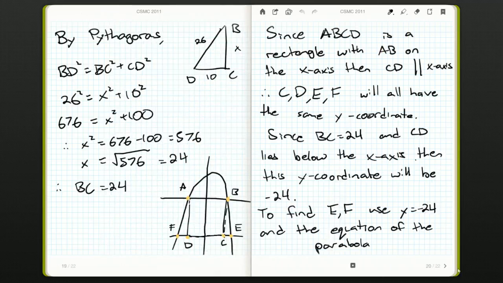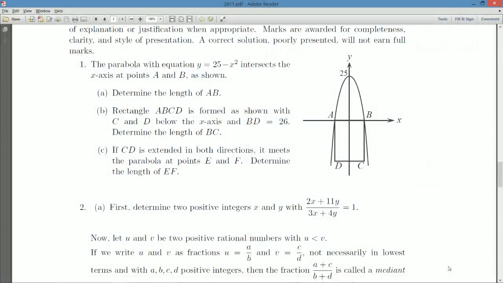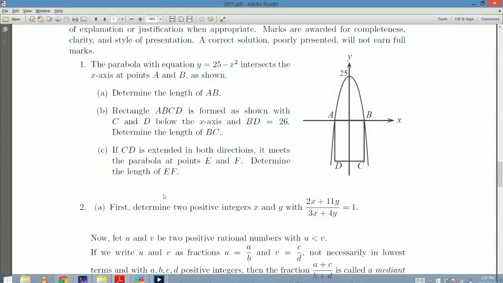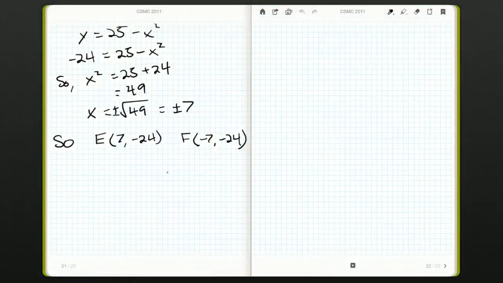All right, now I believe the question asked us to find the length of EF. It absolutely did. Okay. Now I could make an argument that they both have the same y coordinates.